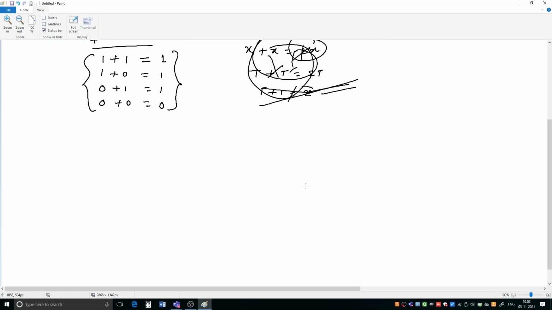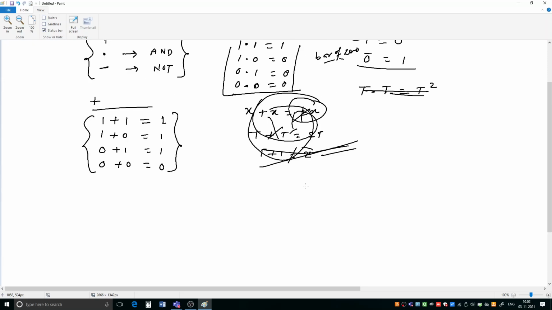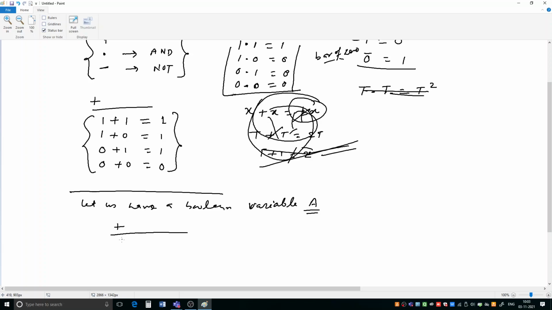Let us have a Boolean variable, and its name is, suppose, A. Now we are going to perform these operations on this Boolean variable. Suppose the same operation, the plus operation.